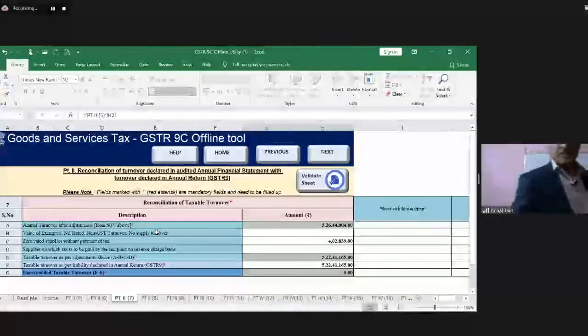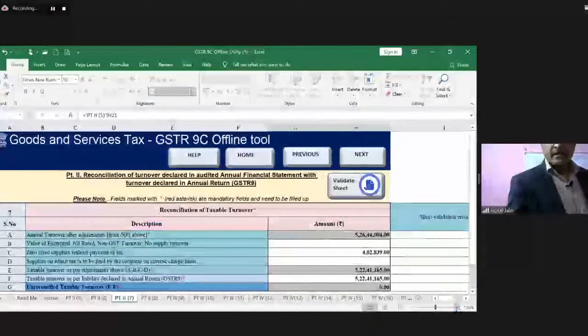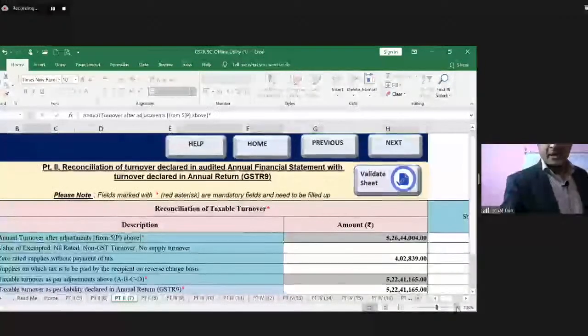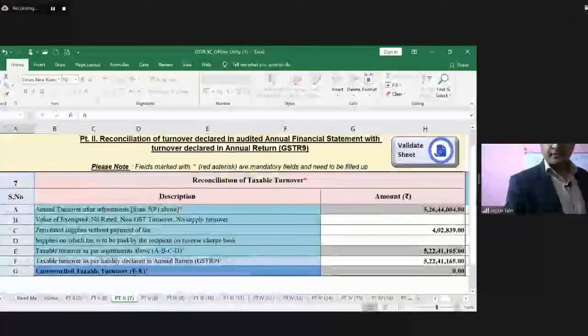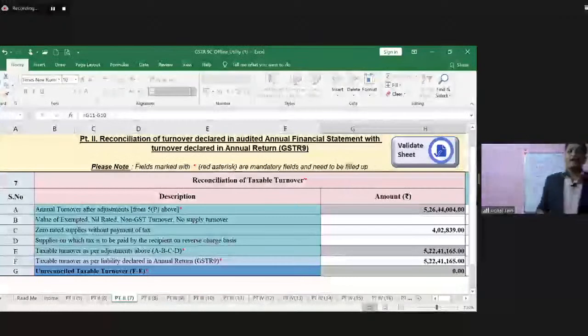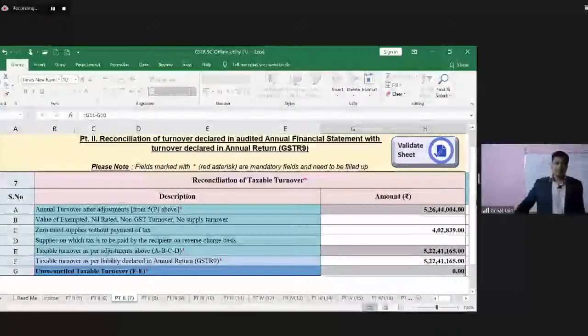So if you see this summarized form, you will see certain line items. Let's understand this. It says annual turnover after adjustments. So after adjustments, what is the amount of annual turnover? Say it was 5.26 crore.